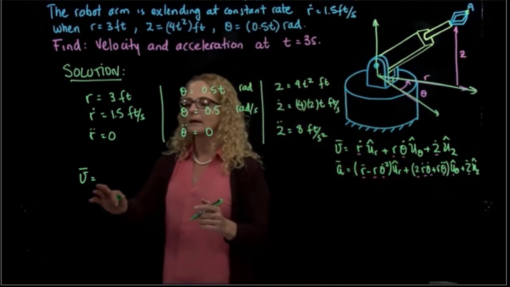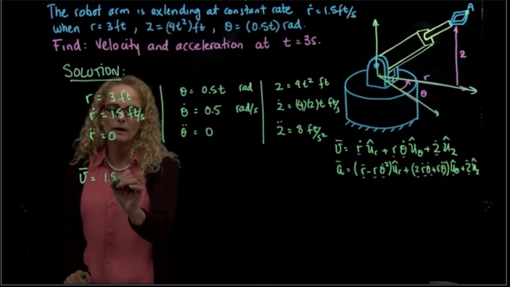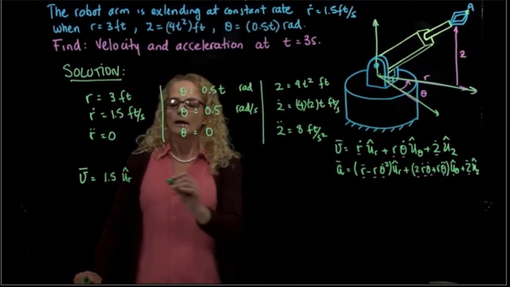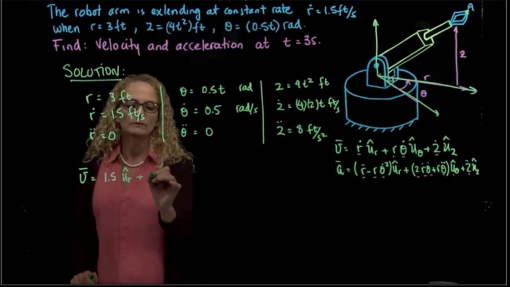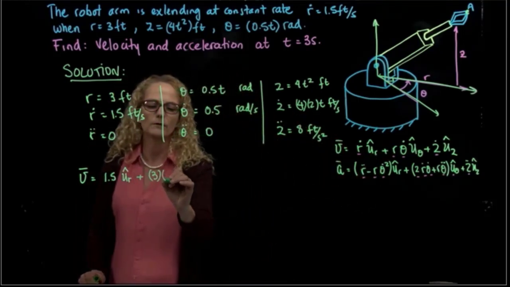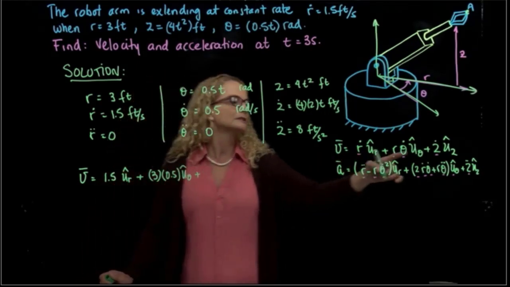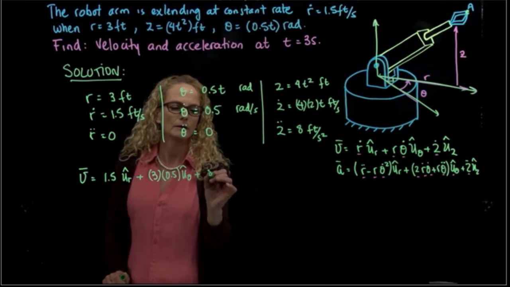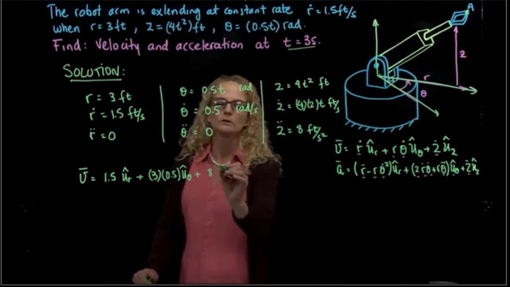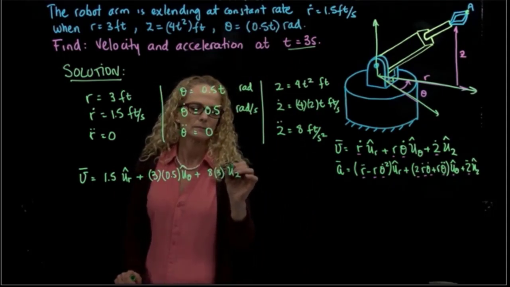So this is my velocity as a vector, and I have r dot, which is 1.5 in the r direction, plus r, which is 3, times theta dot, which is 0.5, in the u sub theta direction, plus z dot, which is 8 times the time. And the time is 3 seconds, so I substitute the time as well.